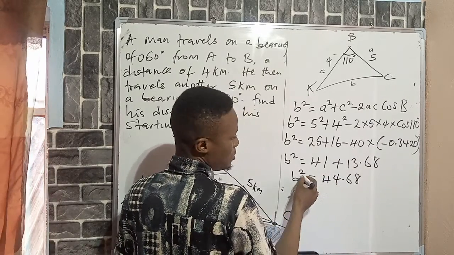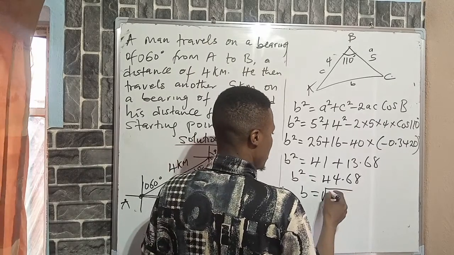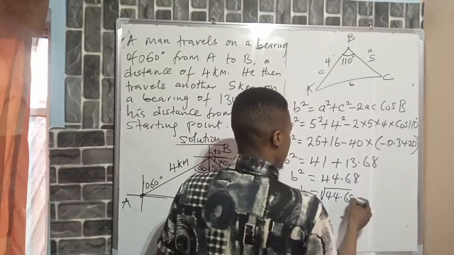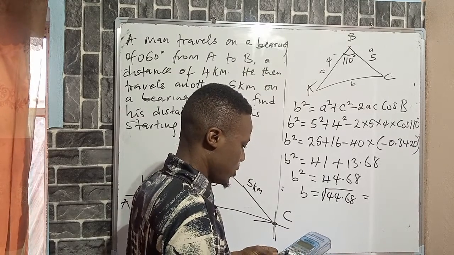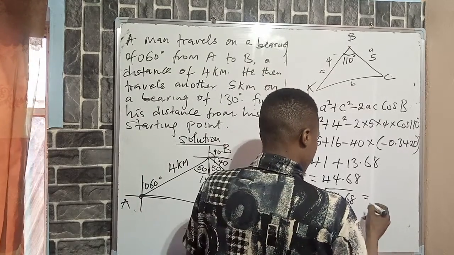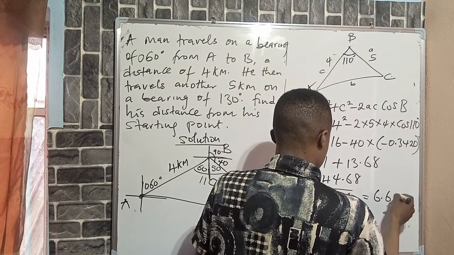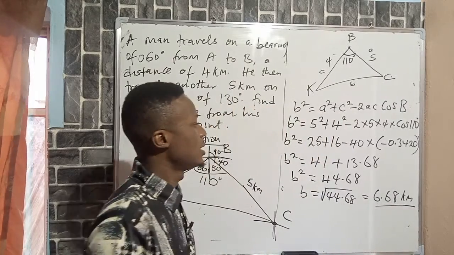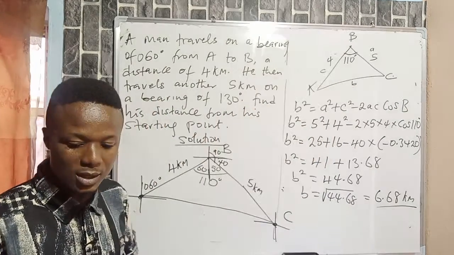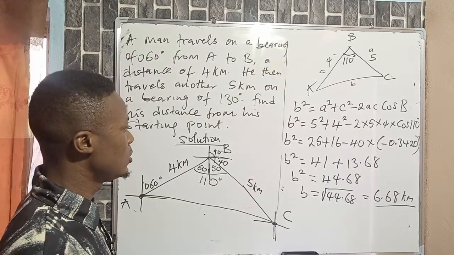Finally, you take the square root, because this is b squared. The square root of 54.68 will give us 7.39 kilometers. This is the answer. His distance from the starting point is now 6.68 kilometers.